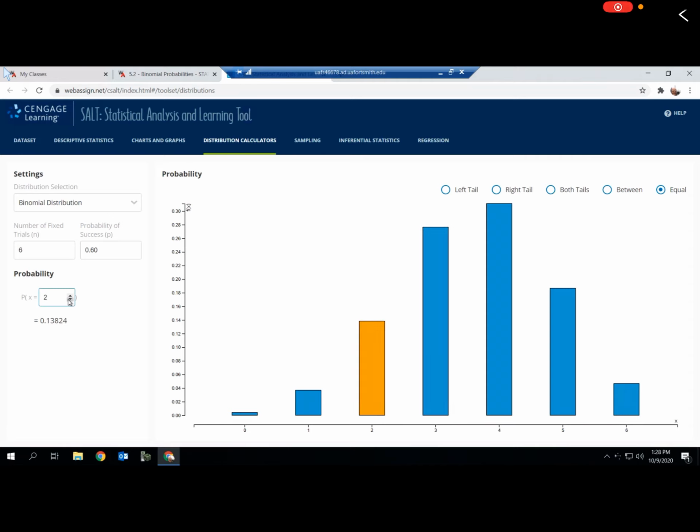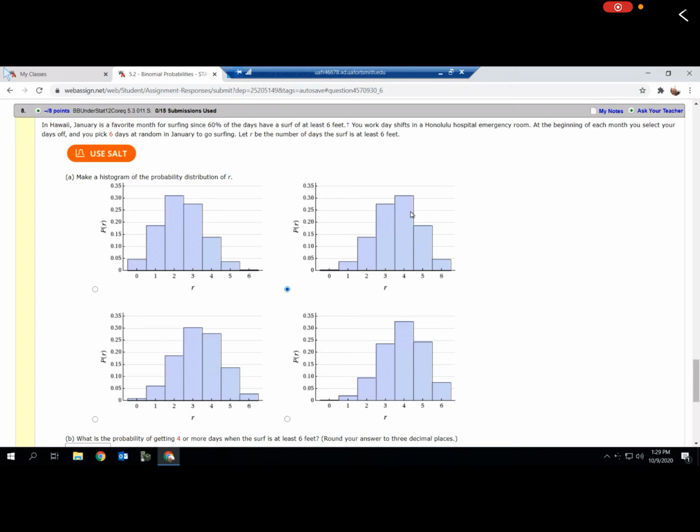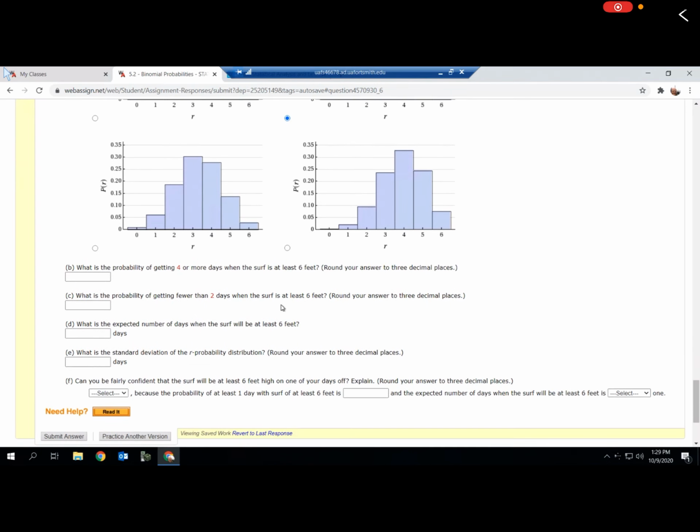Notice on the right side of your screen, when I drop or raise these probabilities, different bars are highlighted. The height of them is the probability. So this is a probability histogram. But you get the general idea. 3, 4 is taller. If we go up to 5, that's way shorter. So I'm comfortable picking this upper right histogram.